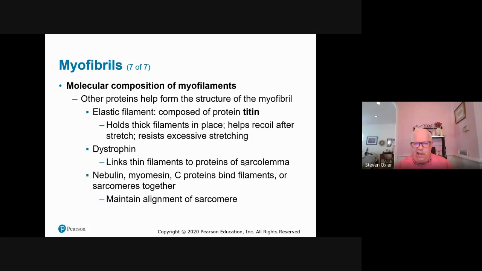Dystrophin is the protein that links the filaments to the plasma membrane known as the sarcolemma. You don't have to know the other proteins on this slide. Know the 6 proteins.